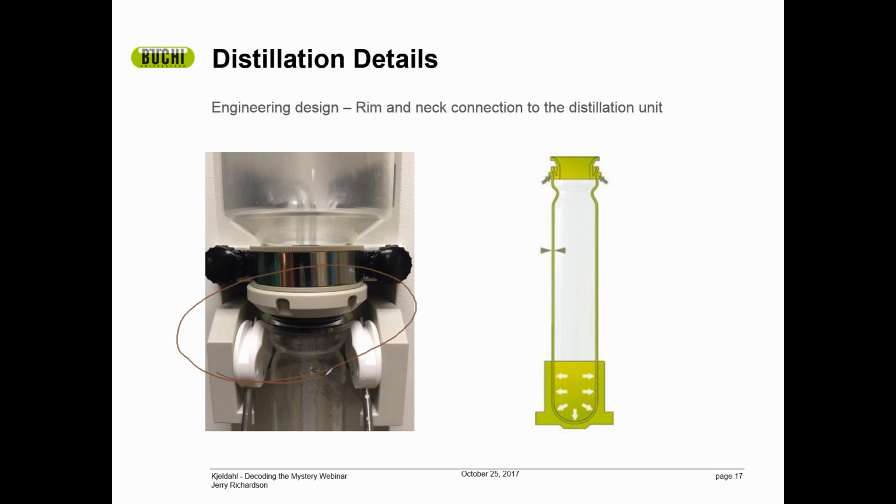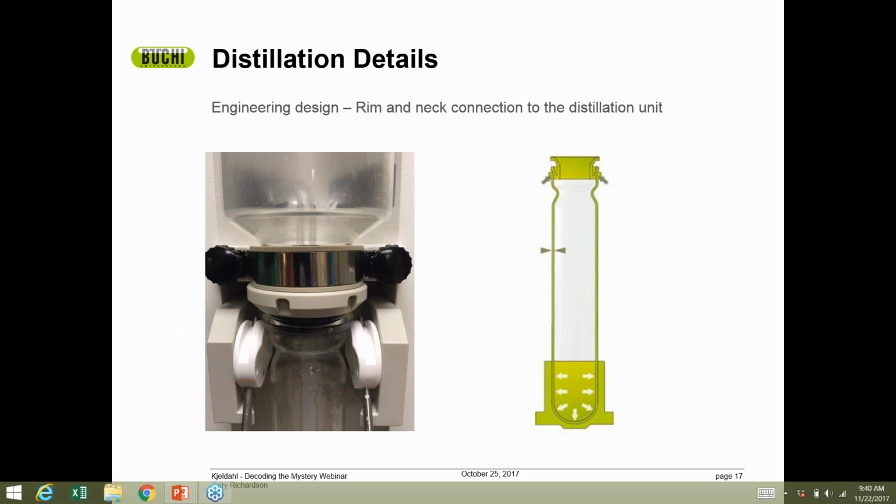The one thing we want to do is make sure that any ammonia that's generated goes through the condenser and is thus collected. So the shape of the glass and the quality of the steam generator both make a good, solid distillation possible, so people get good, similar results time and time again.